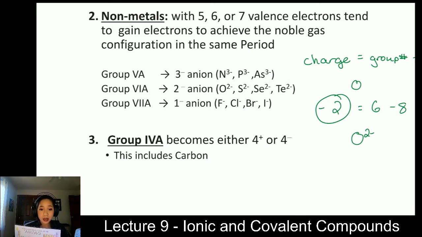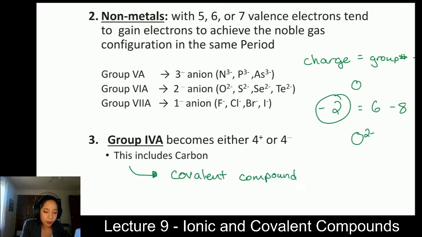That is because it can either gain 4 electrons or lose 4 electrons. And for 4 steps in either direction, one is not favored over the other. And so this makes carbon a bit special. And we will talk more about carbon when we get to covalent compounds.